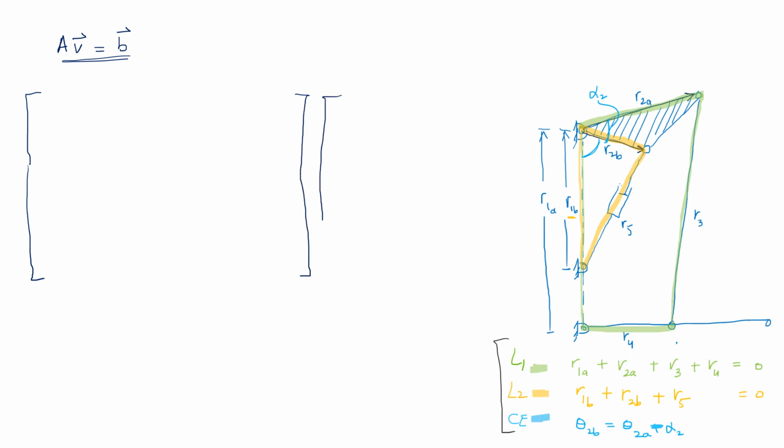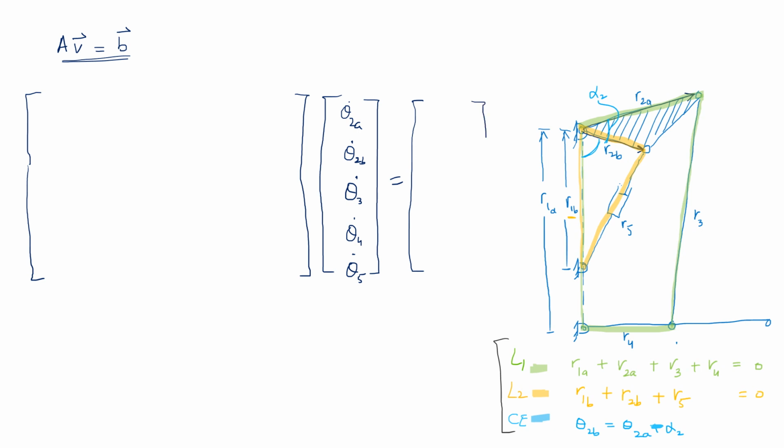Then you have V, which is actually the unknowns that we have to solve these equations for. So that is going to be, the way we have constructed them, theta 2a dot, theta 2b dot, theta 3 dot, theta 4 dot, and theta 5 dot. So that is going to be equal to the inputs given to the system, constructed like a vector over here.